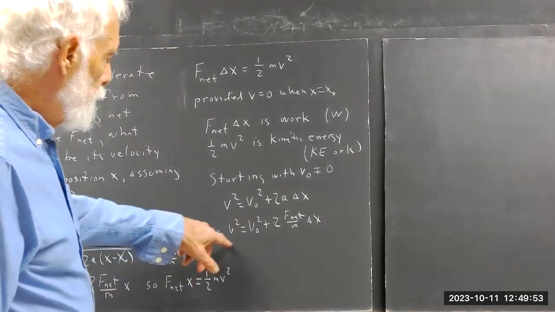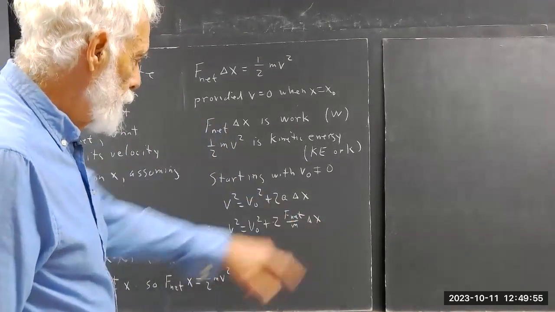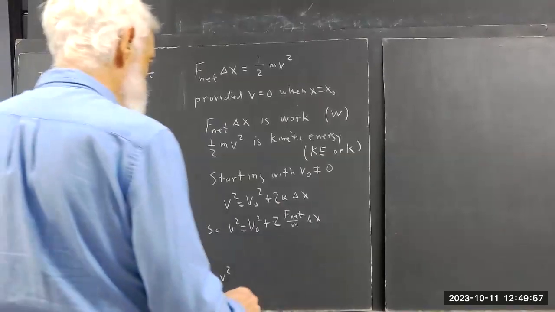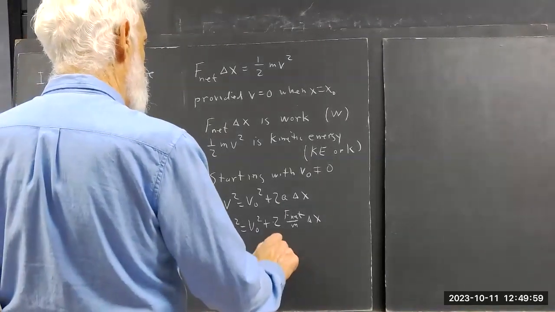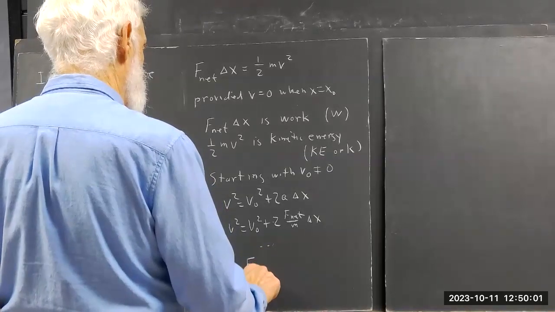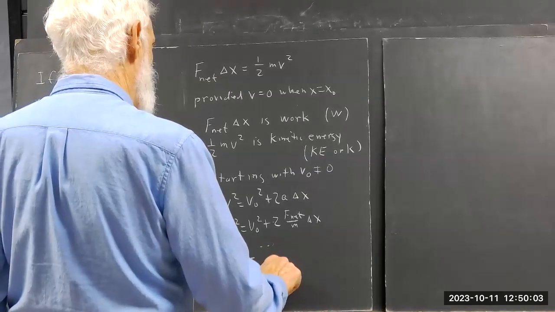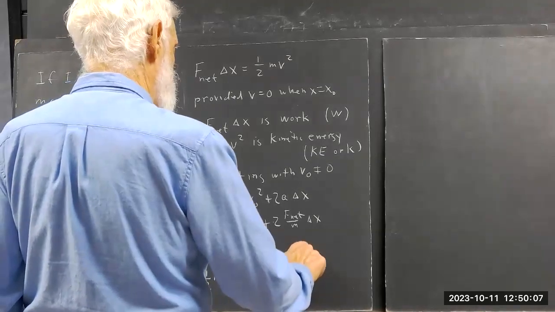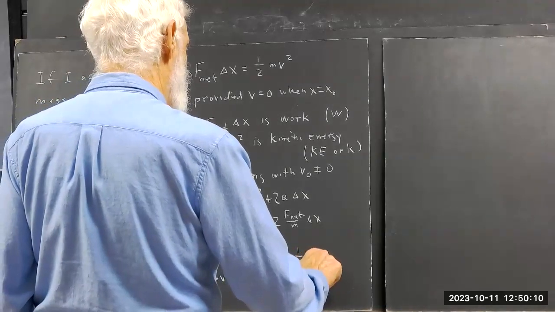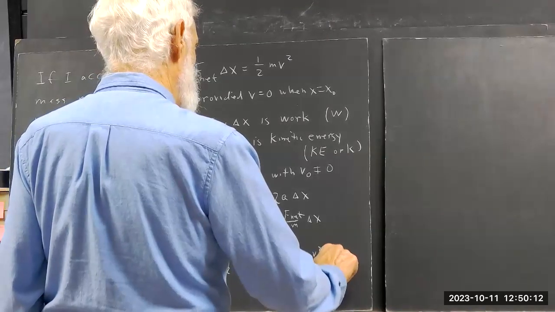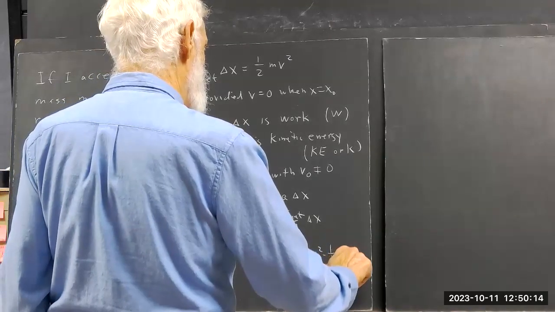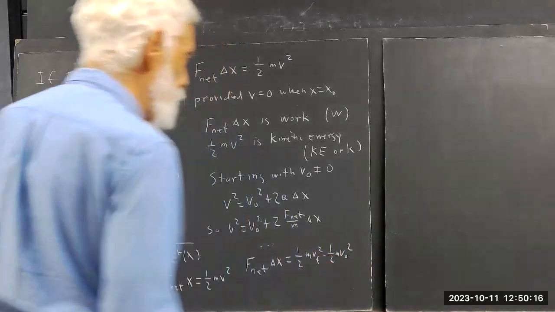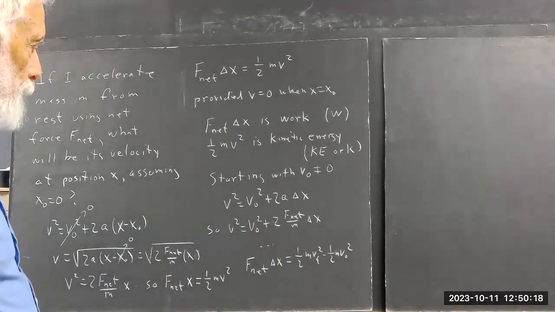So I can write v squared as v naught squared plus 2 F net over m delta x. Solve this for F net delta x, and I get one half m v f squared minus one half m v naught squared.